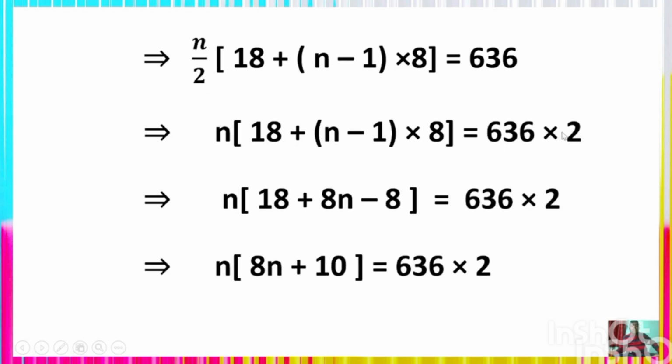It will be 636 multiplied by 2. Thus we get n whole into 18 plus (n minus 1) whole into 8 is equal to 636 into 2. Thus n whole into 18 plus 8n minus 8 is equal to 636 multiplied by 2. Thus we get n whole into 8n plus 18 minus 8, which is 10, is equal to 636 into 2.